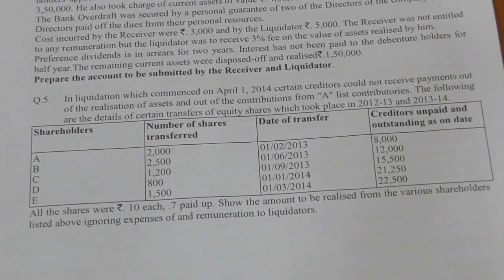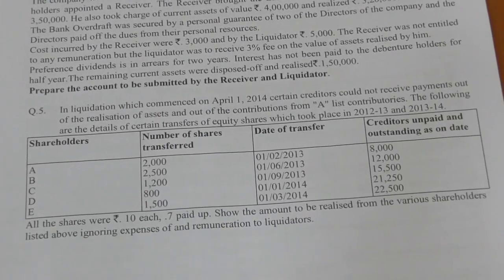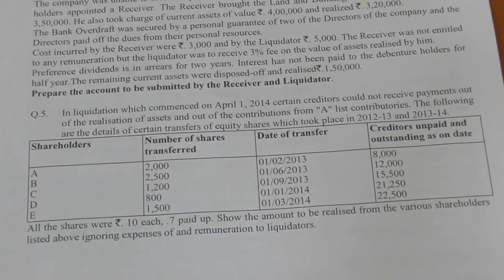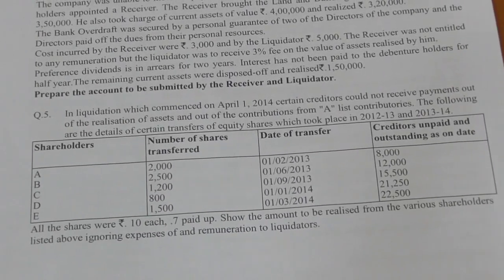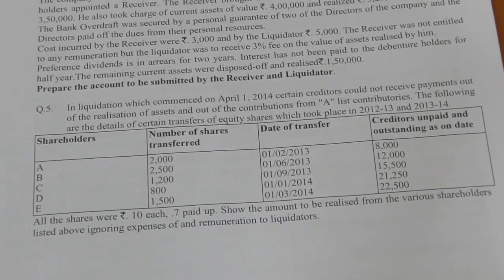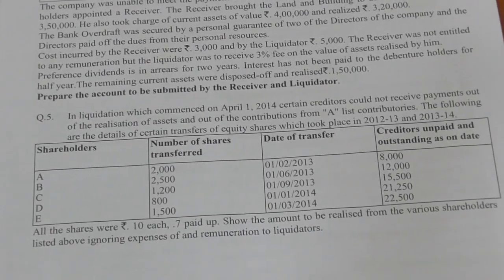The following are the details of certain transfer of equity shares which took place in 2012-13 and 13-14. As you can see, there is a table given in the question which has shareholders A, B, C, D, the number of shares that they have transferred during the last year and the previous year to that.